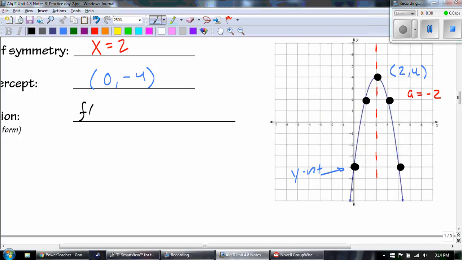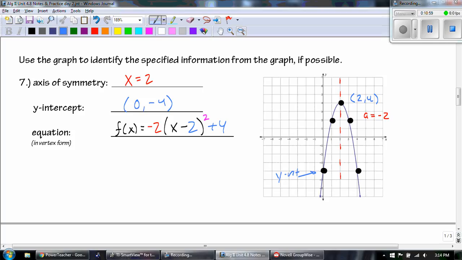So we have f of x equaling -2 times x minus 2 squared. Sorry, I'm really emphasizing that we have to square it. And then plus 4. Okay?